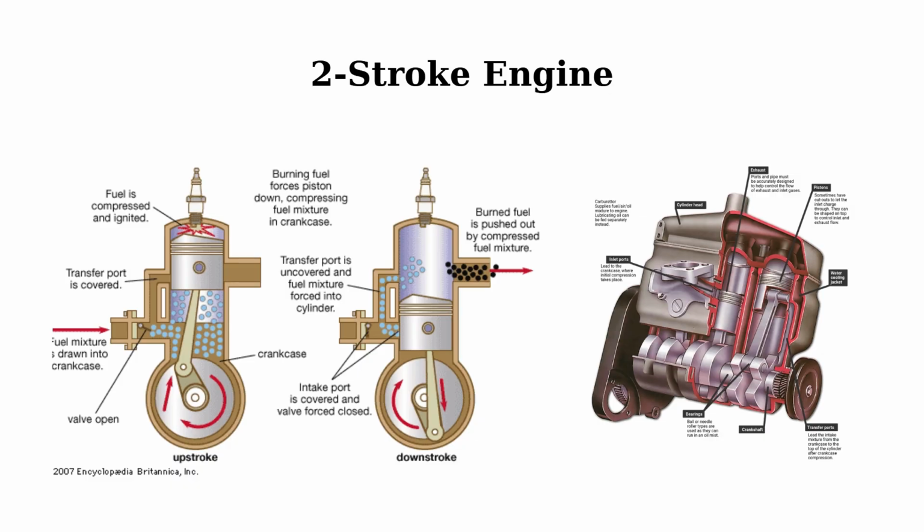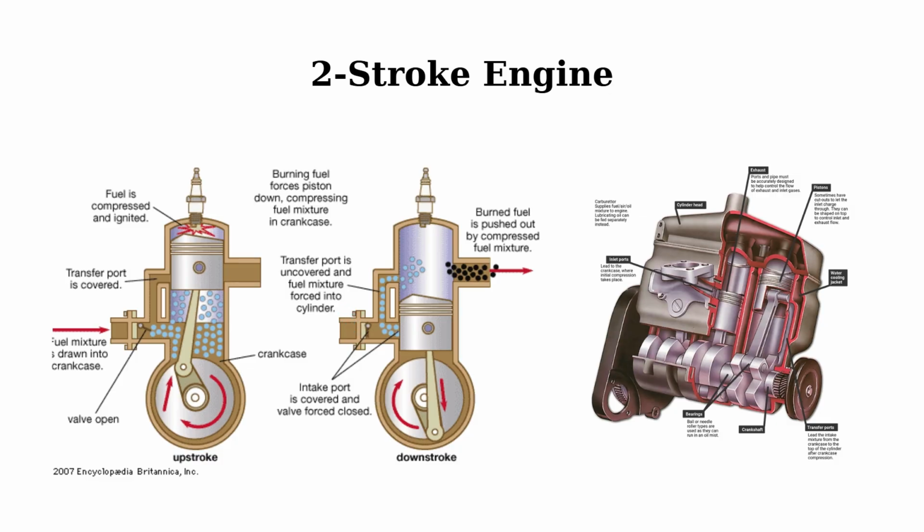Okay, now let's think about the advantages of a two-stroke engine. First, like I said, it is simple in design. It has fewer parts, so it is easier to build and maintain. And second, it is lightweight.